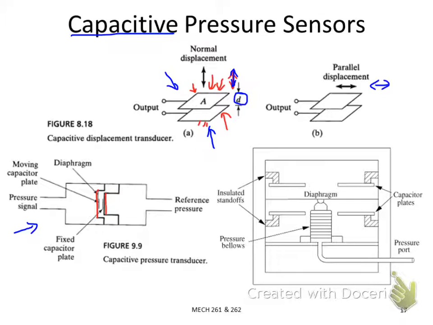Once you apply a pressure here, and you have a reference pressure, this diaphragm will be deformed, and the gap here will be changed. So you can measure the capacitance value of this structure, and then correlate the change of this capacitance value to the pressure. So that's one type.